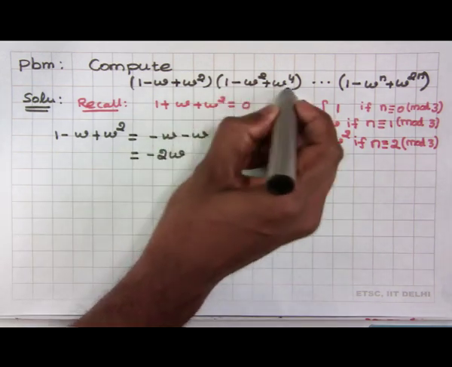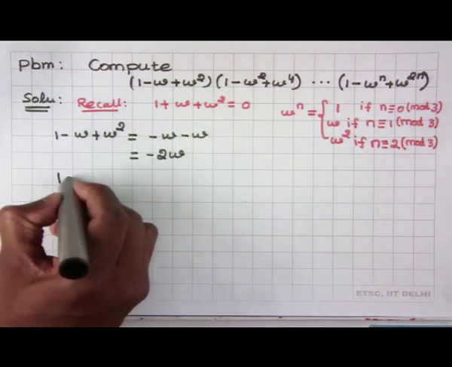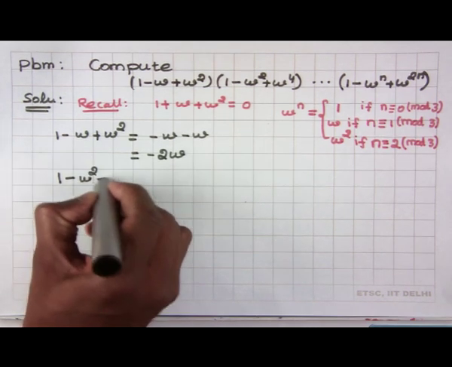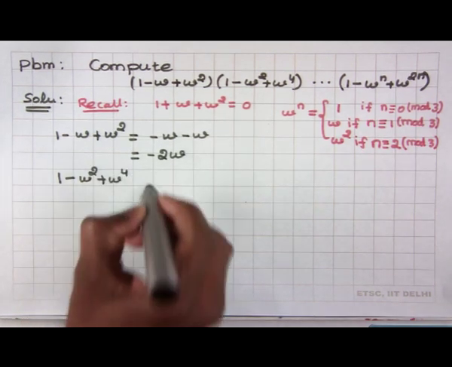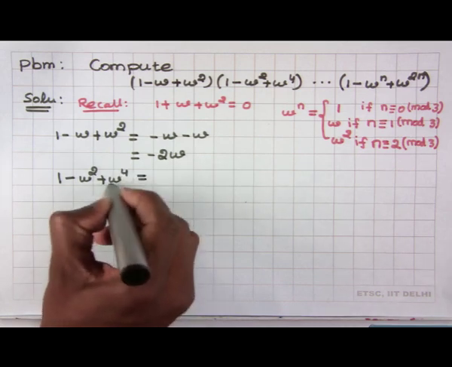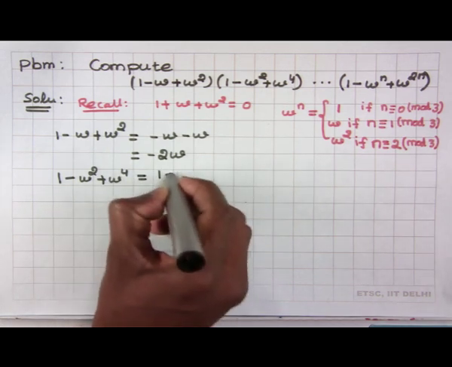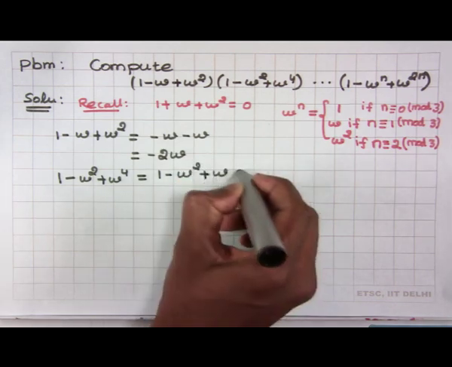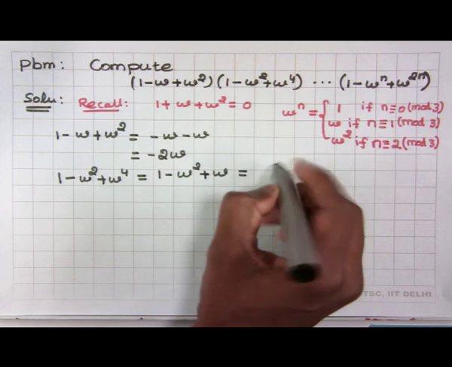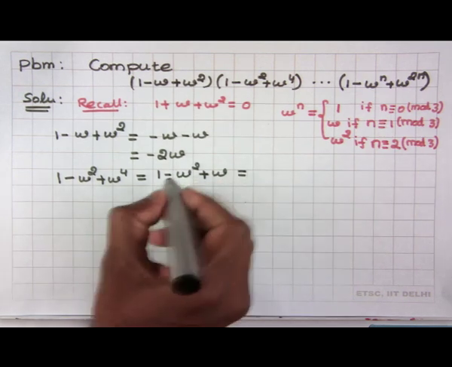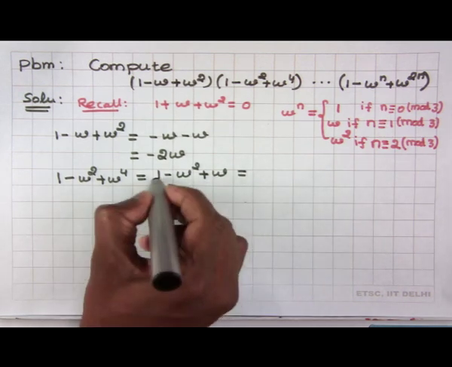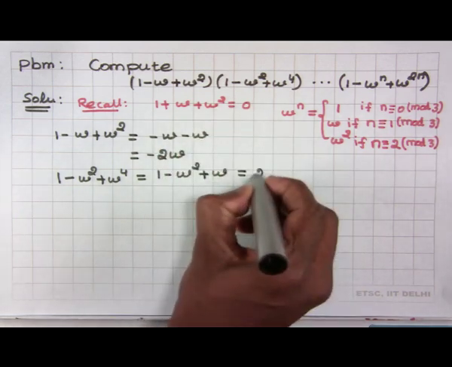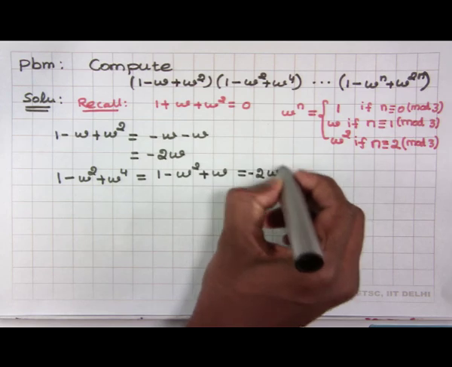If I consider the next expression, that is 1 minus omega square plus omega power 4, which is nothing but omega. So, which is 1 minus omega square plus omega, the value is again replace 1 plus omega by minus omega square. So, we get minus 2 omega square.